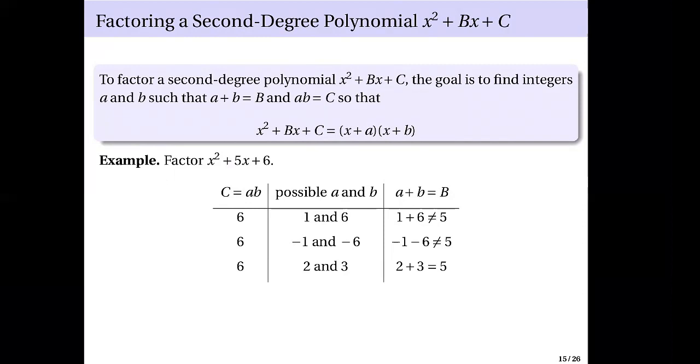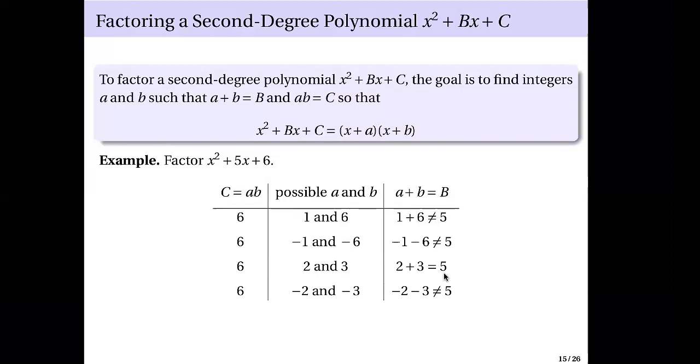But for the sake of checking the other pairs, you can also have -2 times -3, that's +6. But for this pair, -2 plus -3 is -5 and not +5.